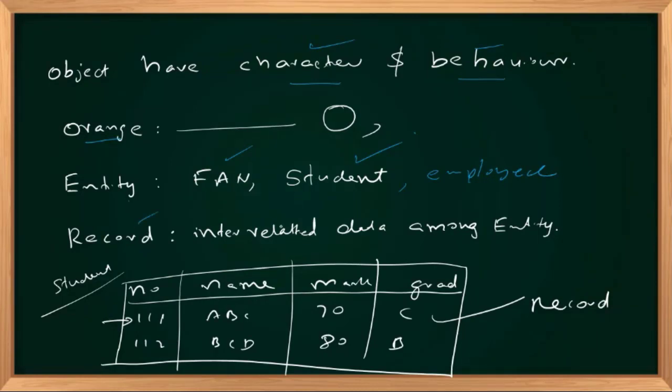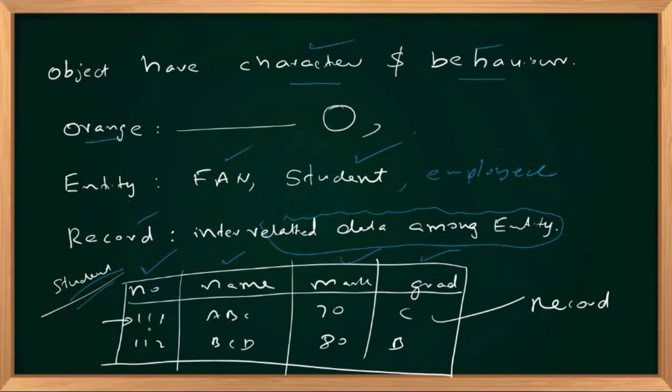Then what is a record? A record is the interrelated data among entities. What is interrelated? One data is related to another, such that the related data forms some information. For example, a student consists of attributes like name, number, mark, and grade.